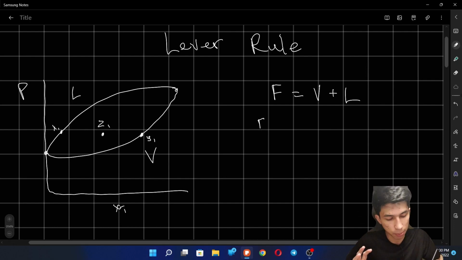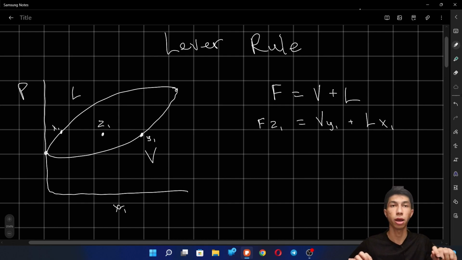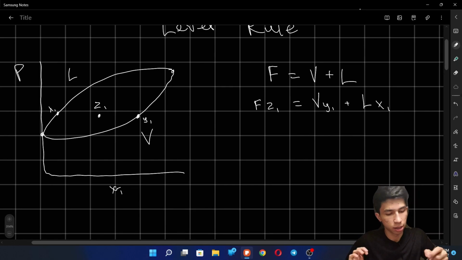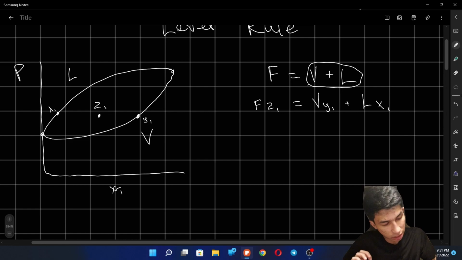So we multiplied the top equation with the mole fractions, X1. Yeah, so we multiplied every phase with its mole fraction, so we got our equation that is specific for a compound.